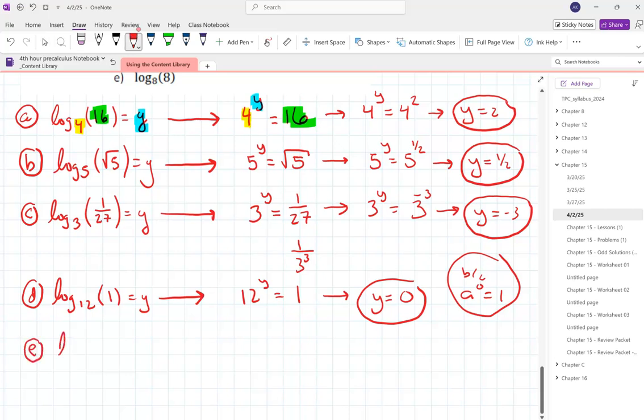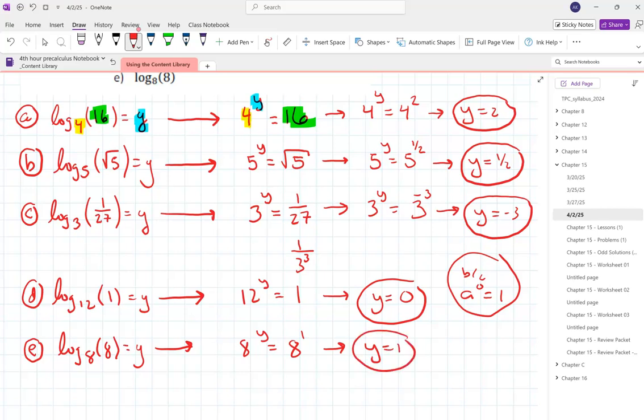And our last one we had was log base 8 of 8. Okay, so this is 8 to the y is equal to 8. Well, I know 8 is just 8 to the first, so y is going to be 1, right?